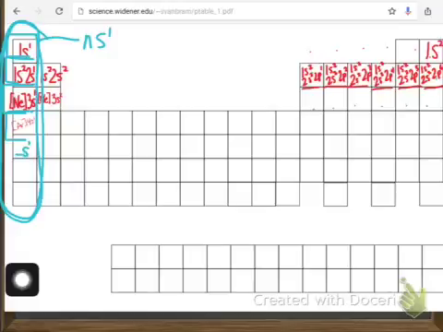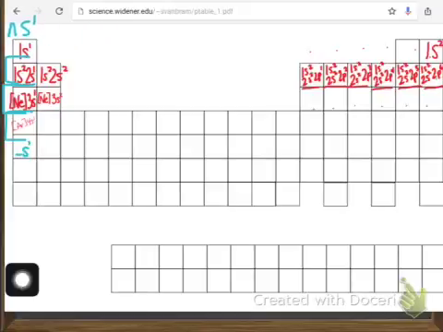Well, what about group 2? So let's get rid of, whoops, let's reinstate that, but let's get rid of this. So these guys are all NS1. What do you think is happening in group 2? NS2! Amazing.